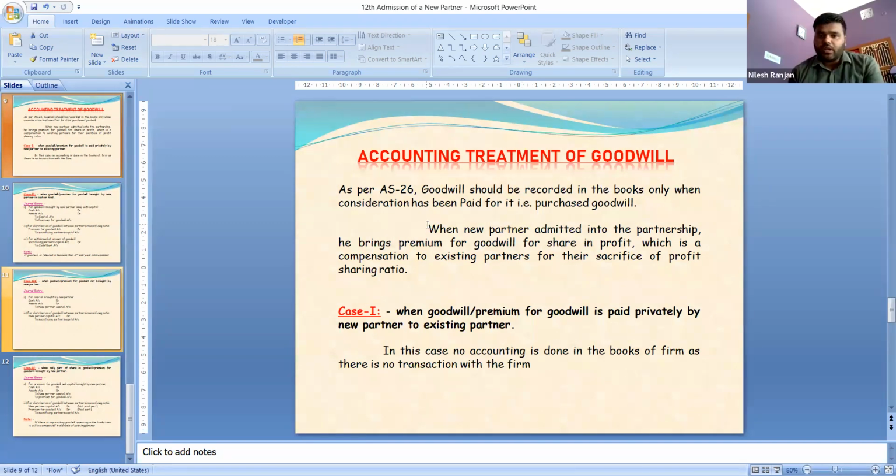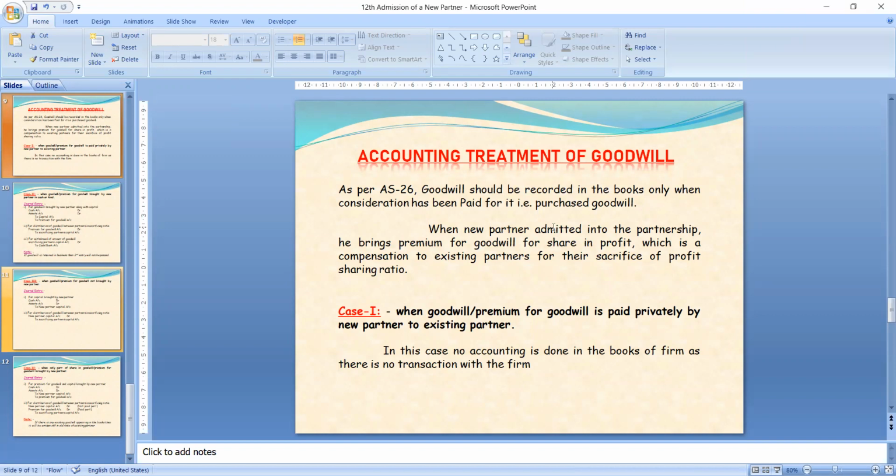Is this a rule? As per AS 26, it's a rule. AS 26 means Accounting Standard 26. It is rules made by the Indian government to regulate the accounting part.